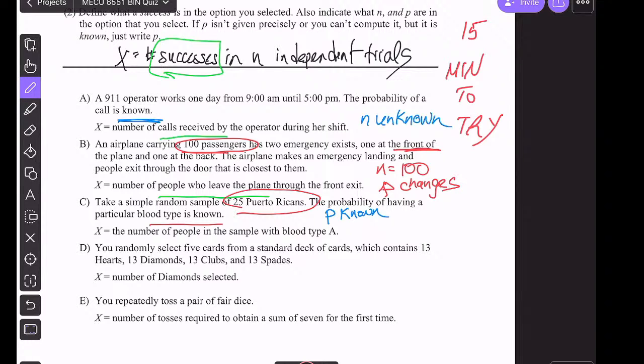And X is the number of people in the sample with blood type A. So the success is blood type A, and I check 25 people. So P is known, success is understood, and N is known. So this is the right answer. Very good, you guys. All right, so that one's clear.